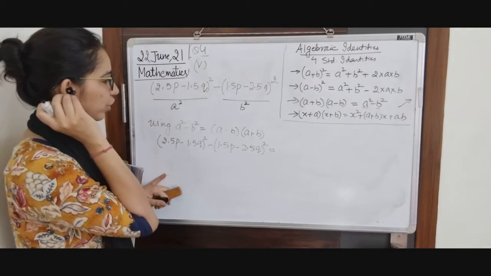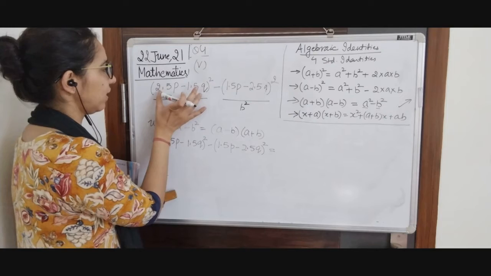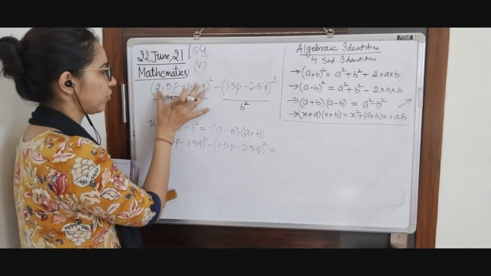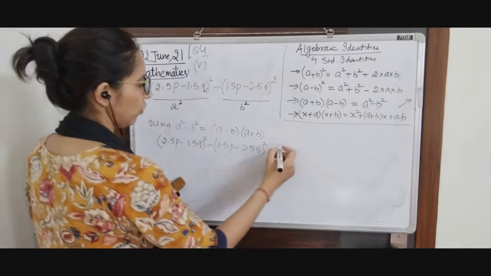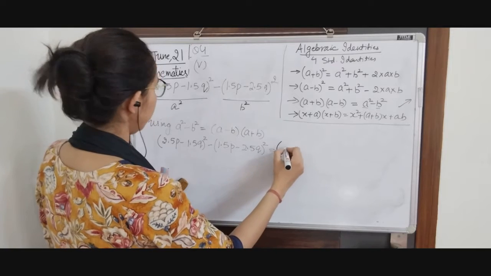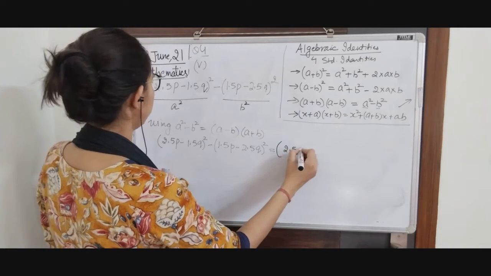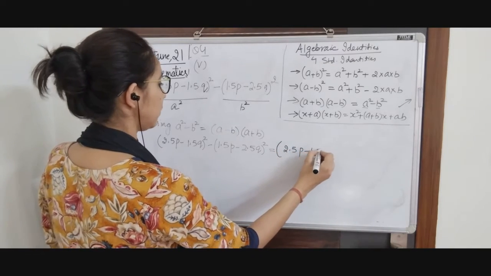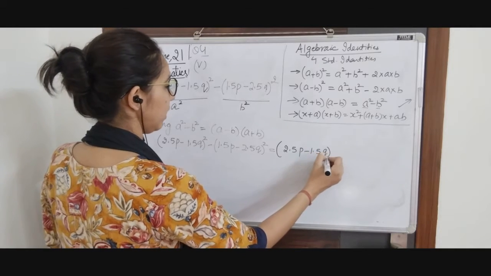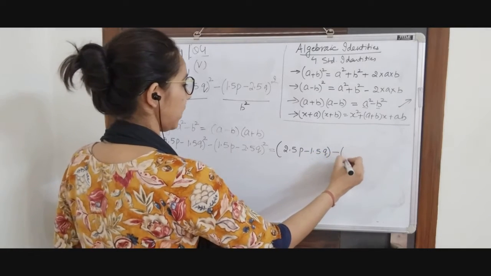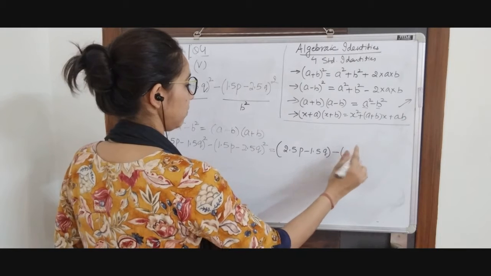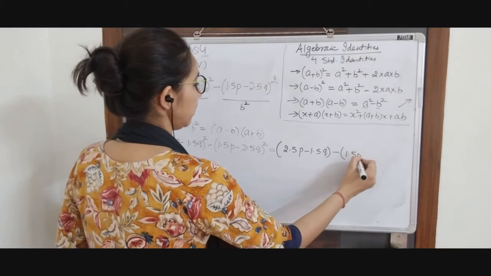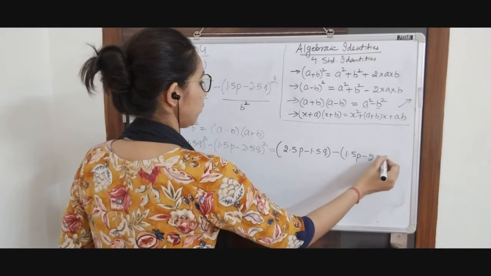I am going to write this to avoid the confusion. This is the inside the bracket part expression binomial is a. So I am going to write a, which is 2.5p minus 1.5q. This is our a, minus b, which is 1.5p minus 2.5q.